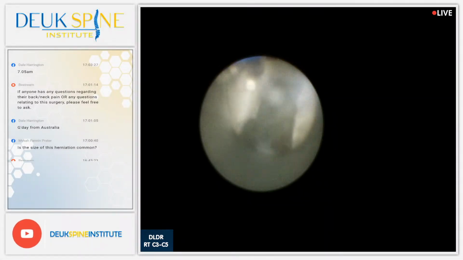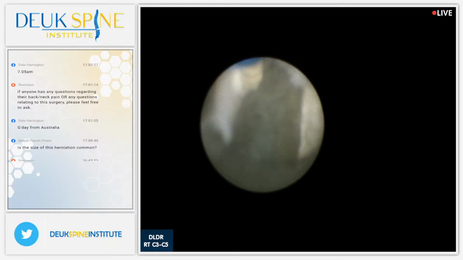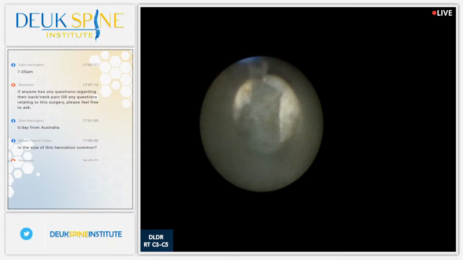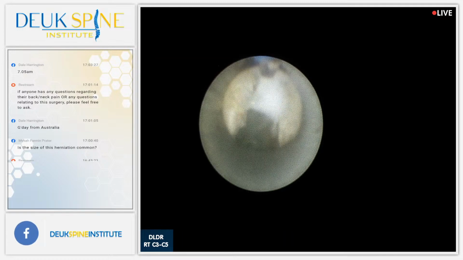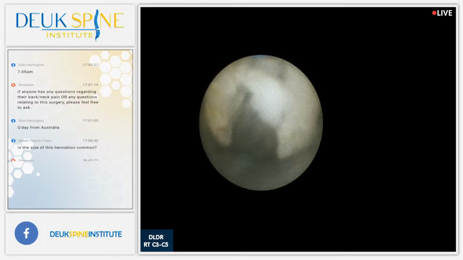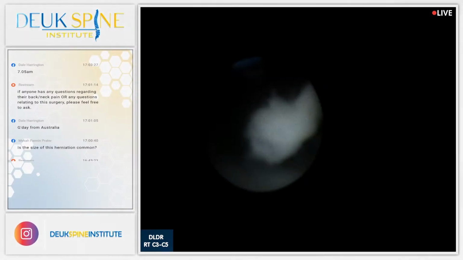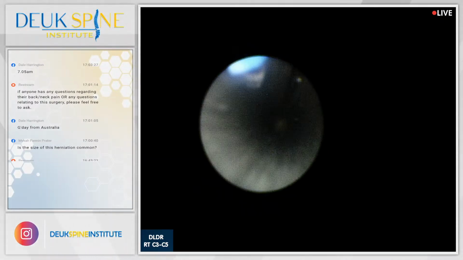One thing I tell everybody is I can't get all your herniation. Nobody can. No doctor can get 100%. There's no such thing. And the reason is simple. There's no surgery that allows us to get 100%. It's just not humanly possible.